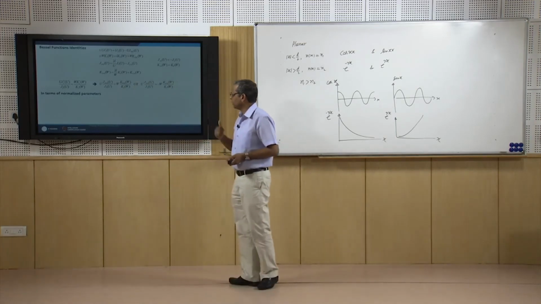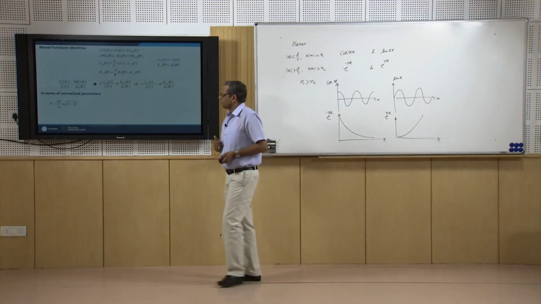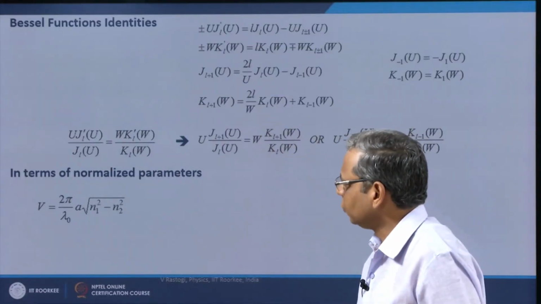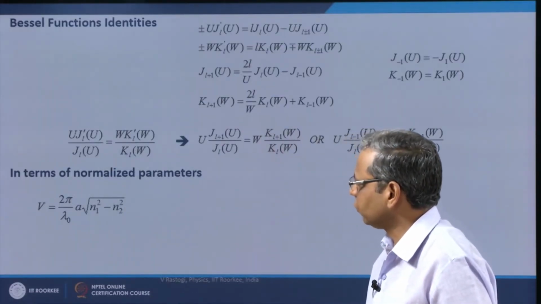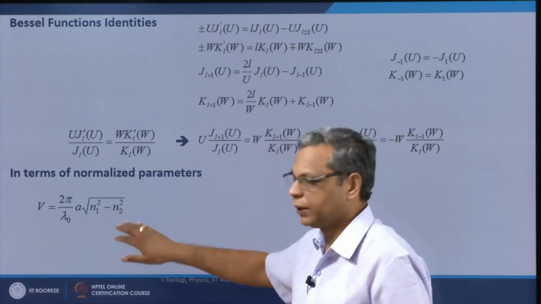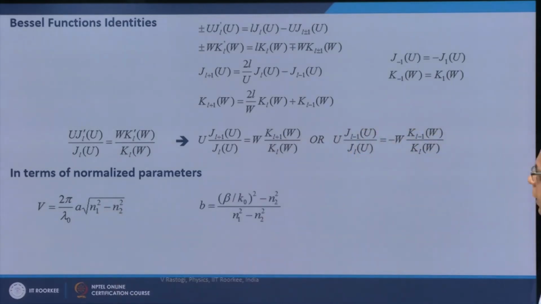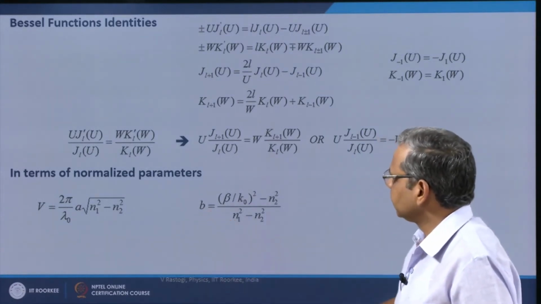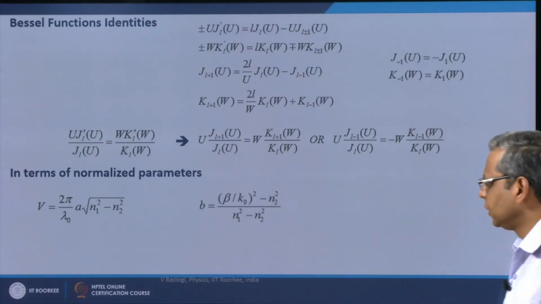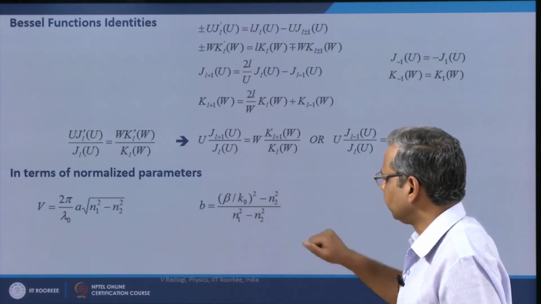So we have the normalized frequency V, which is 2 pi over lambda naught times a times the square root of n1 square minus n2 square. You can see that this square root of n1 square minus n2 square is nothing but NA, the numerical aperture. We define the normalized propagation constant exactly in the same way as we did for the planar waveguide: b equals beta square over k naught square minus n2 square over n1 square minus n2 square.